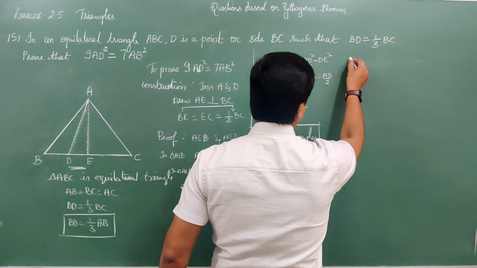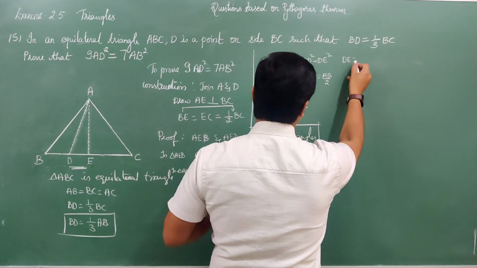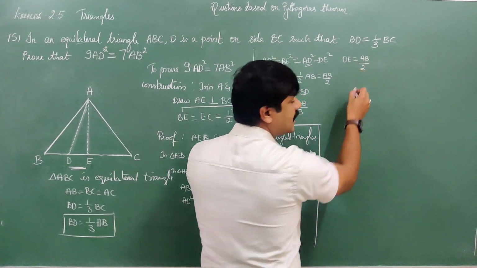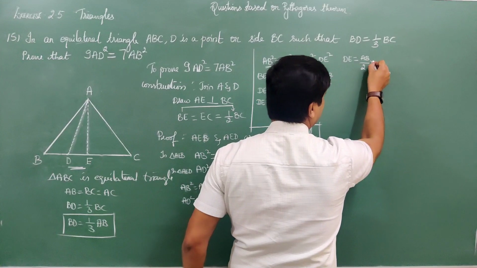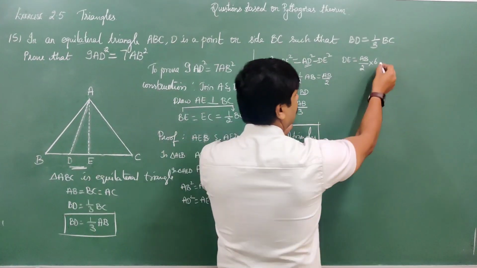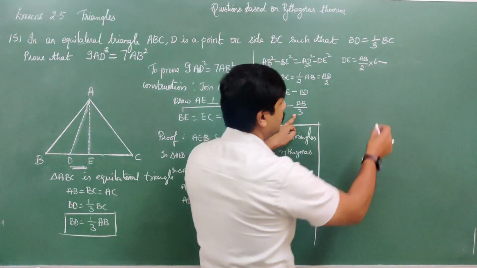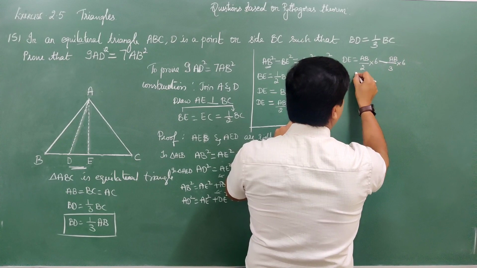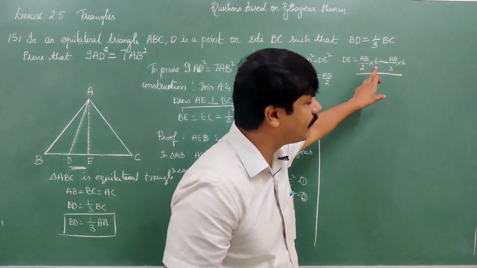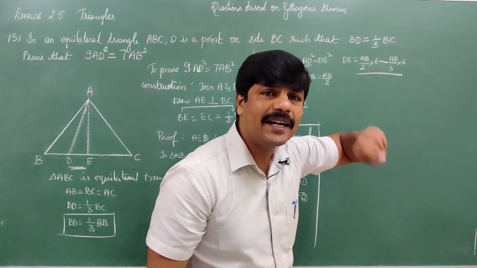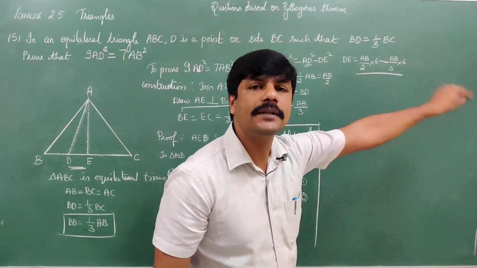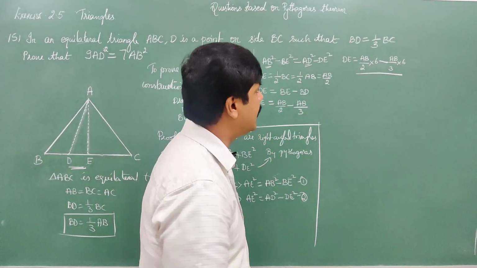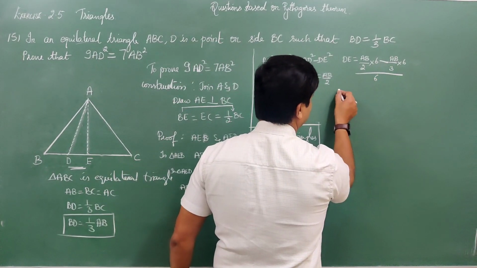That is, DE is equal to AB by 2 into 6, minus, multiplying the LCM with the individual term, AB by 3 into 6, and then the whole divided by 6. The LCM is the least number which is divisible by both 2 and 3.